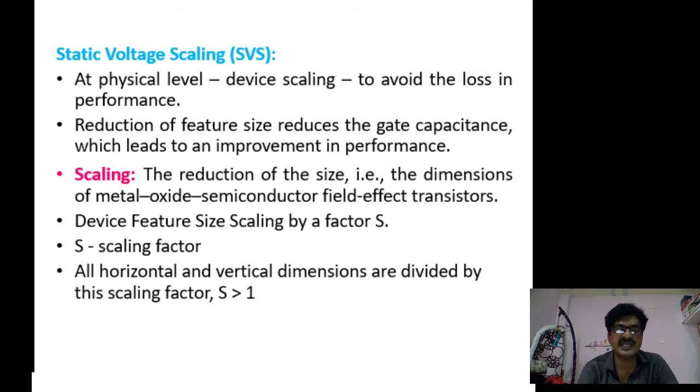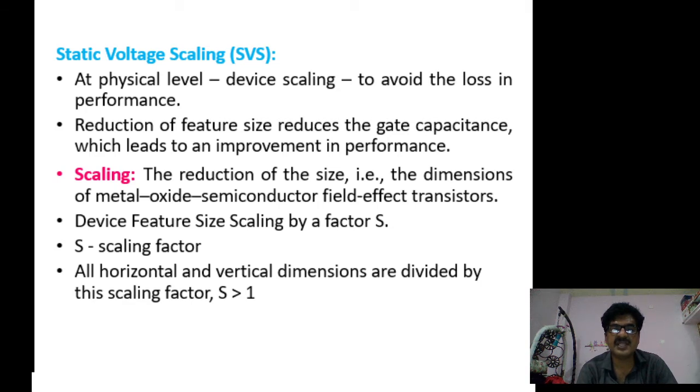These voltage scaling techniques can be applied at any level of abstraction in the VLSI design flow. If you see at the physical level, the technique for improving the speed is device scaling. What is meant by device scaling?